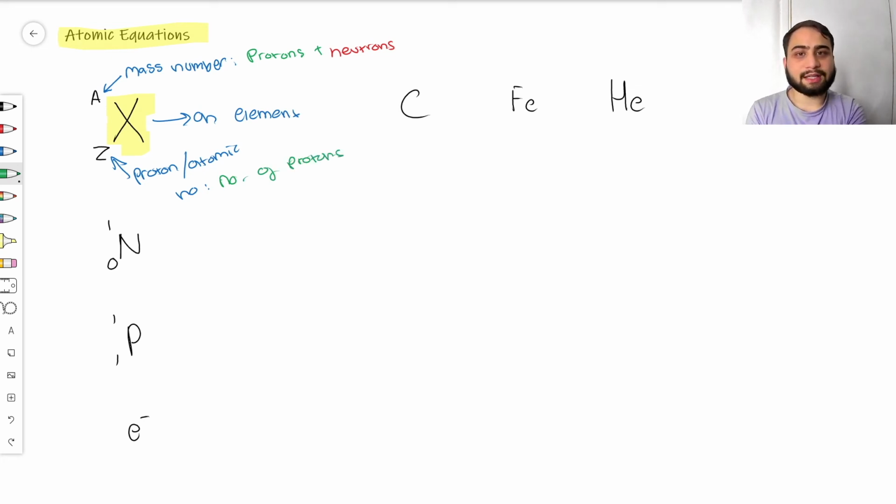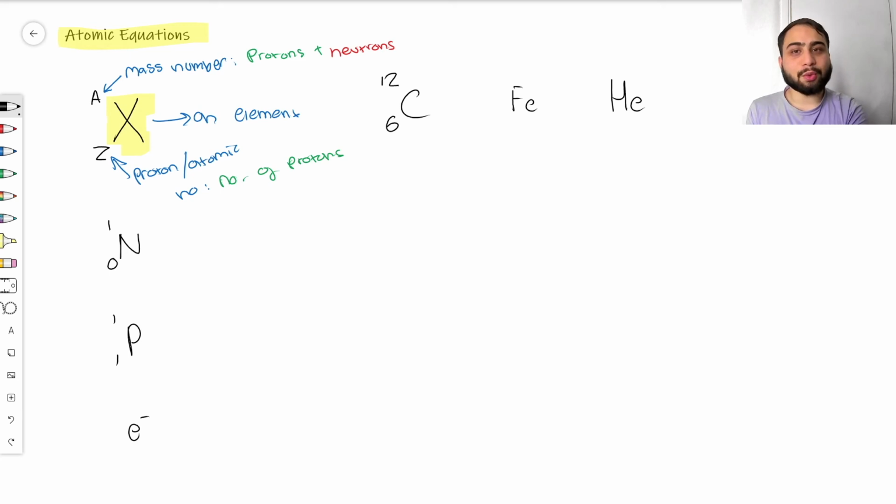If I give some examples now, carbon has a mass number of 12 and a proton number of 6. This tells us that the carbon atom has 6 protons and also 6 neutrons, because the mass number contains the number of protons plus neutrons, and the proton number tells you how many protons there are.